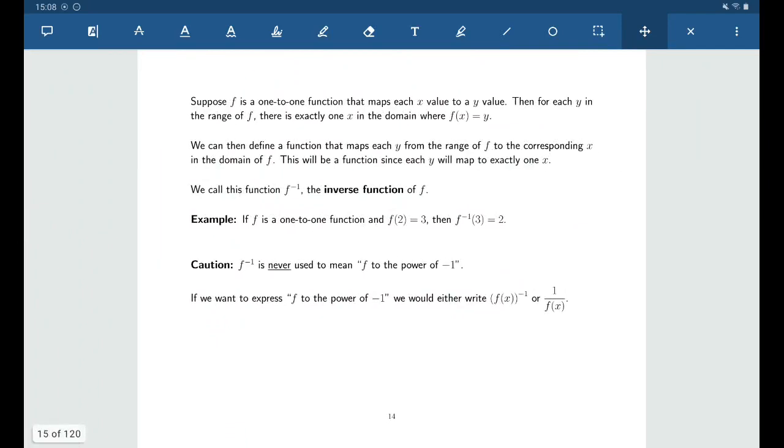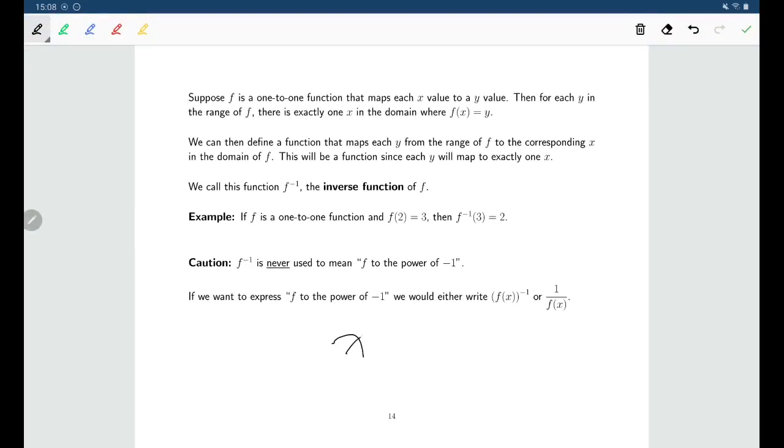So the key idea here, why one-to-one is an important thing, is that for every x, there should be one y that matches up with it, because it's a function, and if it's one-to-one, then every y matches up with only one x.